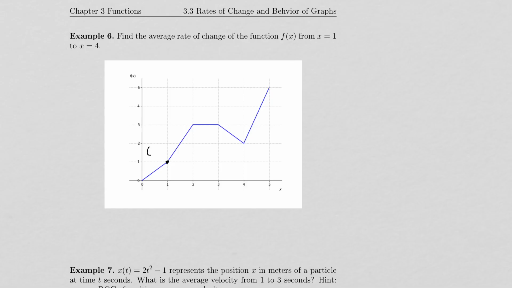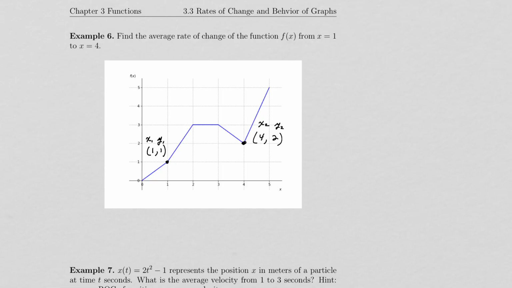It's going to be 1, comma 1. So this is kind of like x1, y1. Or x1, f of x1, right? Same thing. And then at 4, what is the point? It looks like 4 is the input and 2 is the output. So this is like x2, y2.